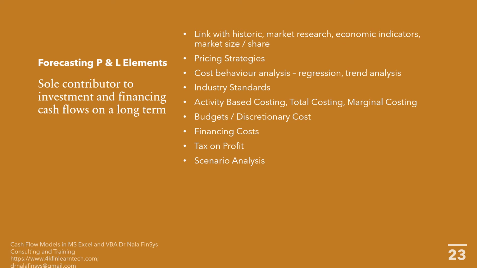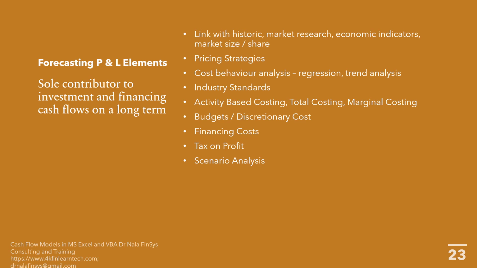We'll also be creating appropriate links with the historic financial performance sheets. We have to create link with the pricing template sheet we have created. We also might apply certain techniques in relation to measurement of costs such as activity based costing, total costing, marginal costing.